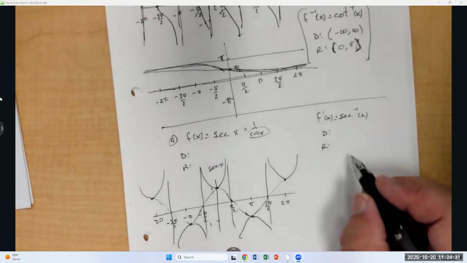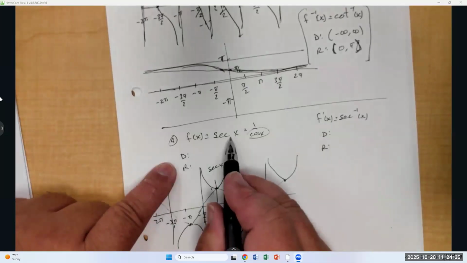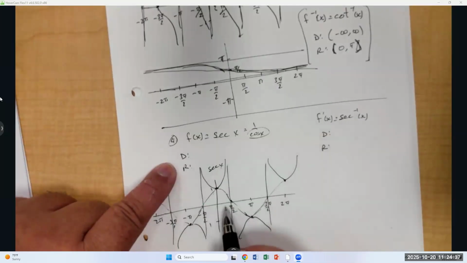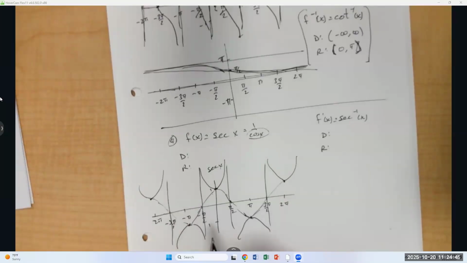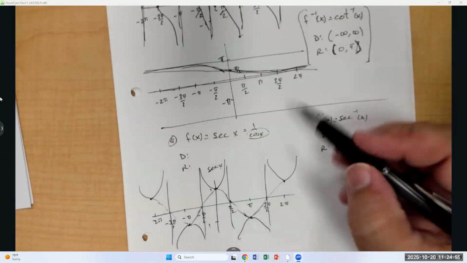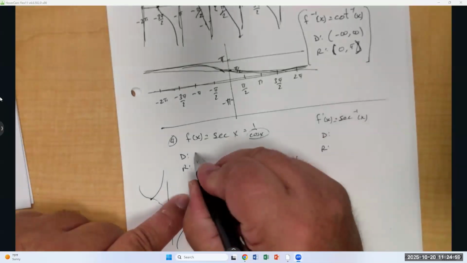Which means now for our inverse, because for our domain for the secant function, our domain here is between negative pi over 2 and pi over 2. So that's where the asymptotes are.